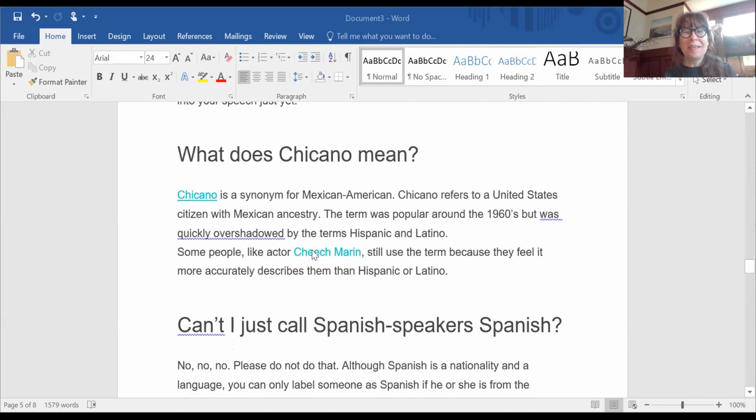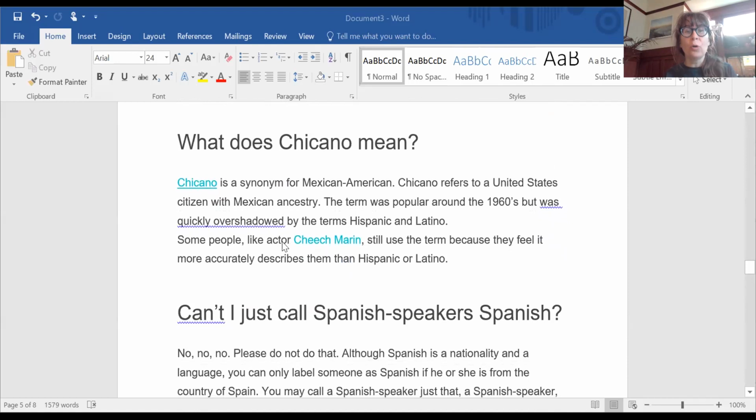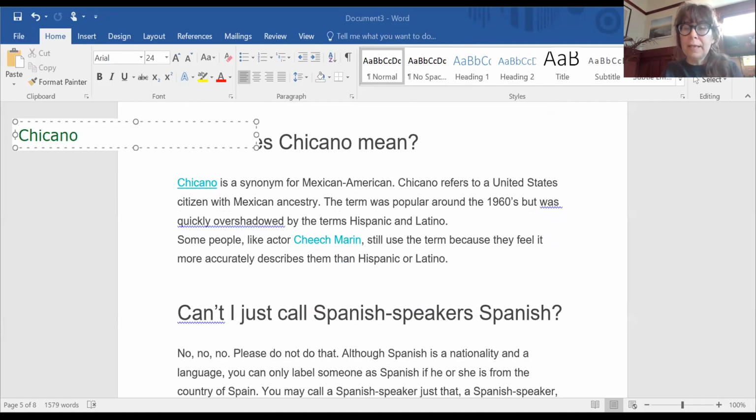So what does Chicano mean? Chicano is a synonym for Mexican American. So I pull down my annotation and do the text. I'm going to write Chicano equals Mexican American. So it refers to a United States citizen with Mexican ancestry.